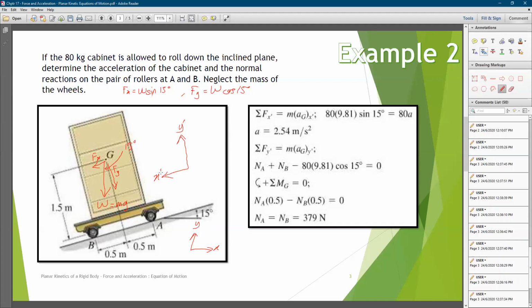So that's why we put an x prime as well as a y prime here. Just to make it a little bit different.